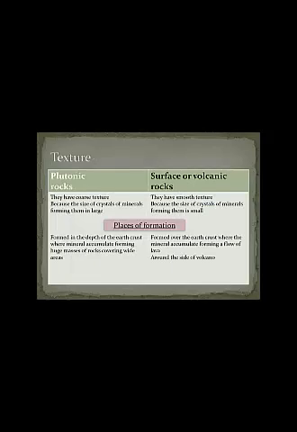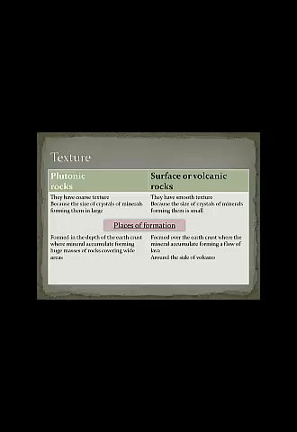According to texture, plutonic rocks have a coarse texture because the size of the crystals is very large. On the other hand, surface or volcanic rocks have a smooth texture because the size of the crystals or minerals is small.